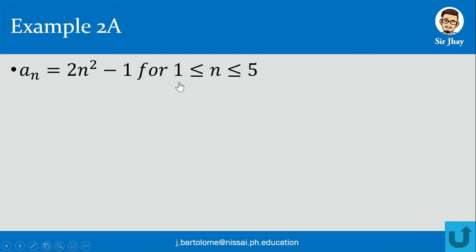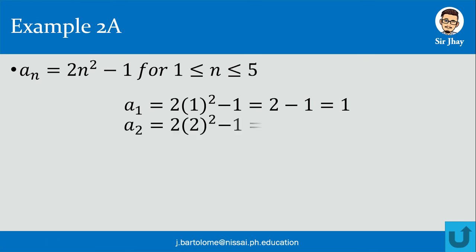What are the values of n? That is from 1 to 5. So we substitute them into the equation 2n squared minus 1. For n equals 1: 2 times 1 squared minus 1 is equal to 2 minus 1, which is 1. For n equals 2: 2 times 2 squared minus 1 is equal to 7.